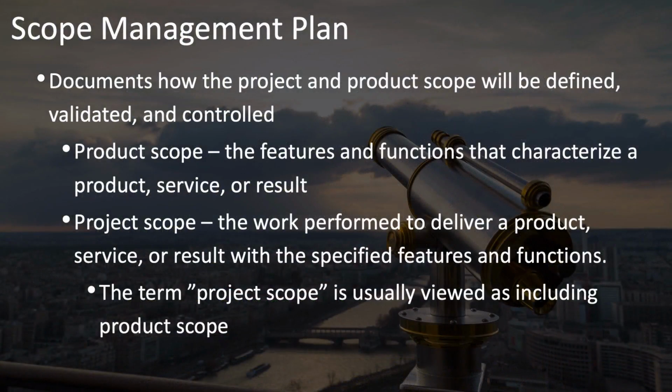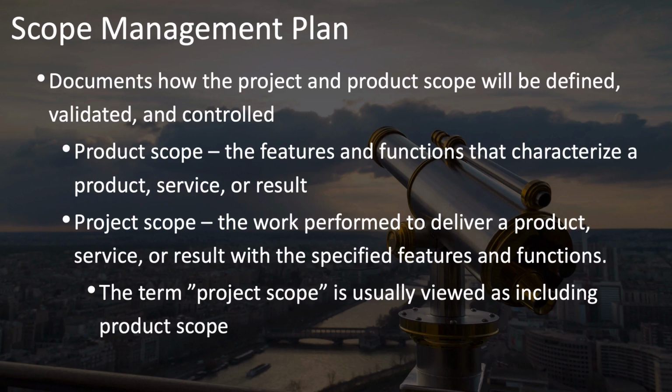The scope management plan documents how the project and product scope will be defined, validated, and controlled. Notice here that this definition mentions both product and project scope, and these are distinctly different. The product scope is those features and functions that characterize the product, service, or result that the project is launched in order to obtain.